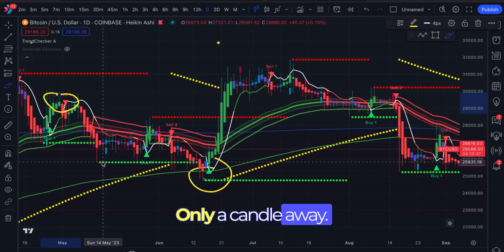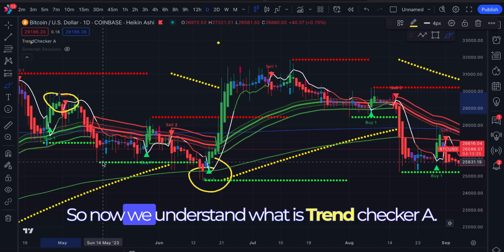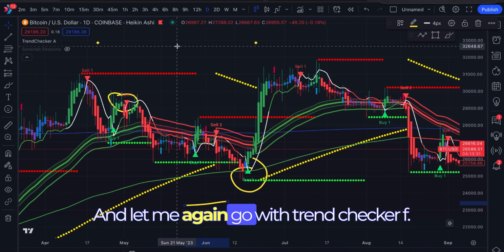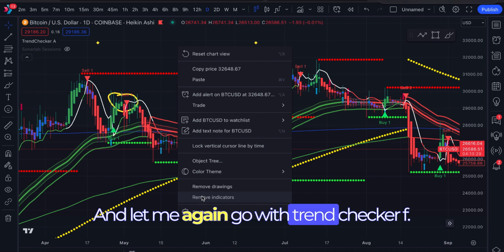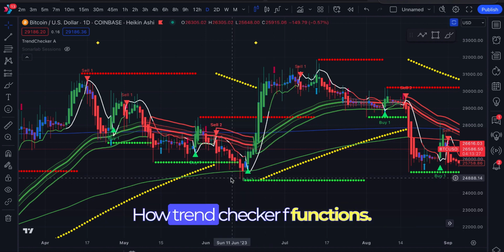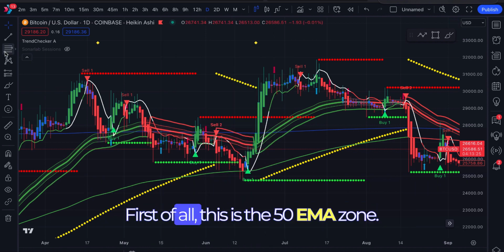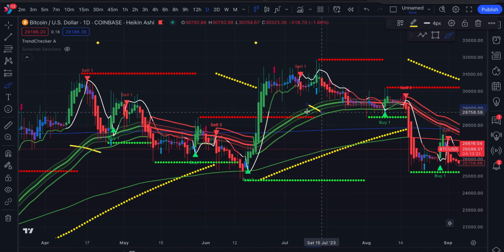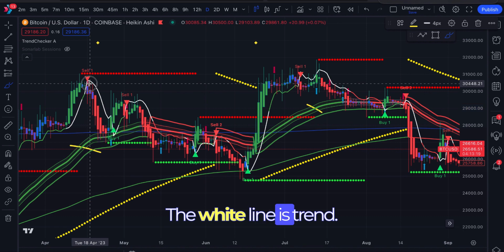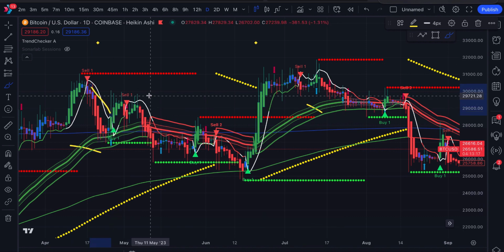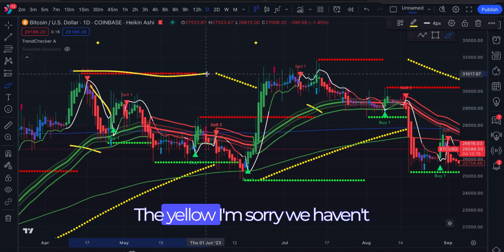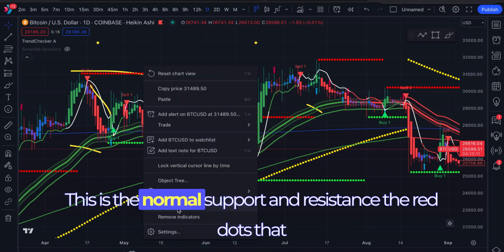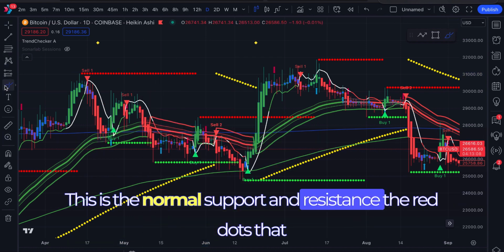So now we understand what TrendChecker A is, and let me go through again how TrendChecker A functions. First of all, this is the 50 EMA zone. The white line is TrendChecker 2. The yellow, we haven't gone through the S and R, right? This is the normal support and resistance.